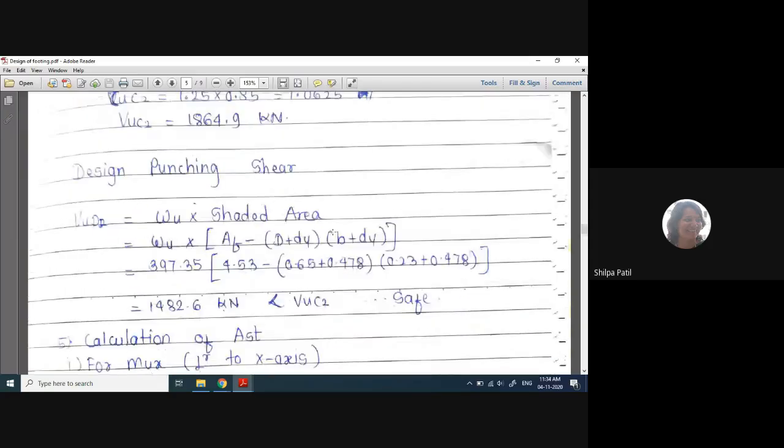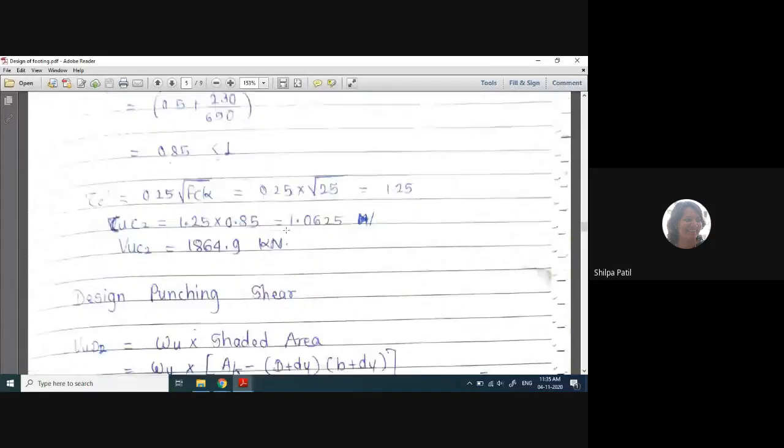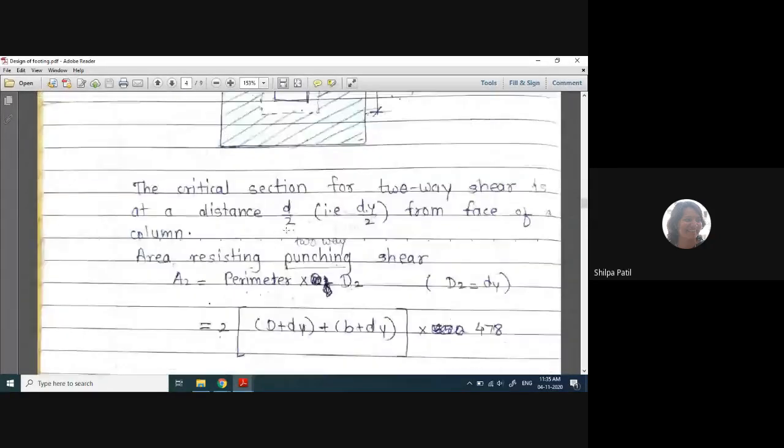Now, what is the actual shear coming on a particular footing, that we have to calculate and compare with the shear carrying capacity. That shear, the punching shear, is calculated as the design punching shear, denoted by VUD2, which is calculated as the upward pressure acting on a column footing multiplied by the shaded area. I will go back to this diagram.